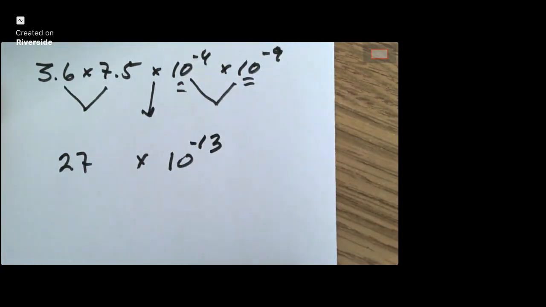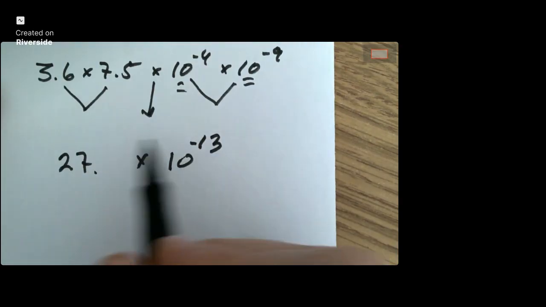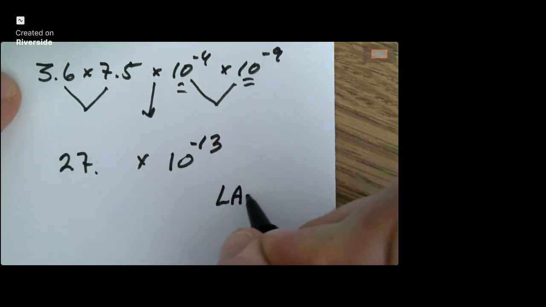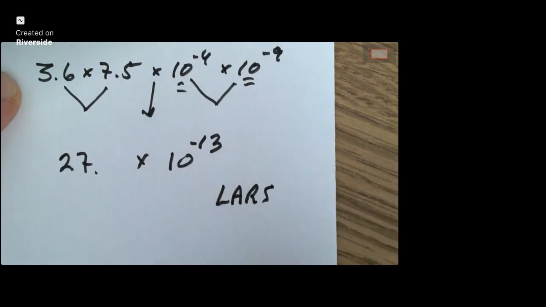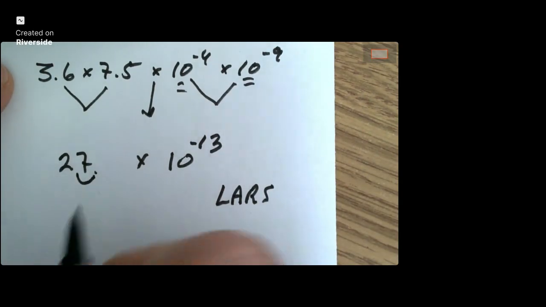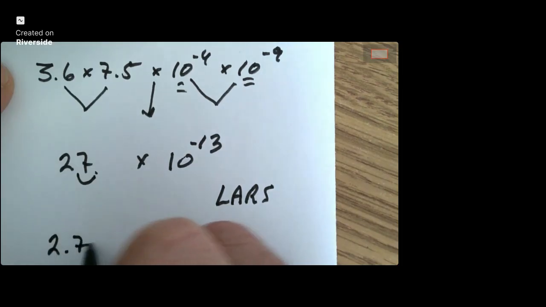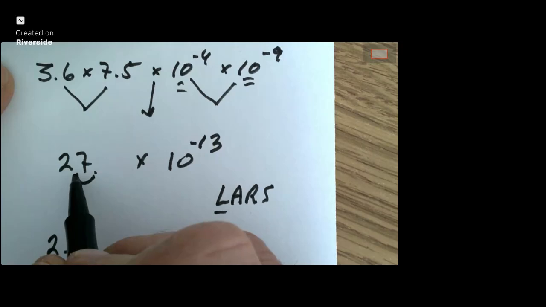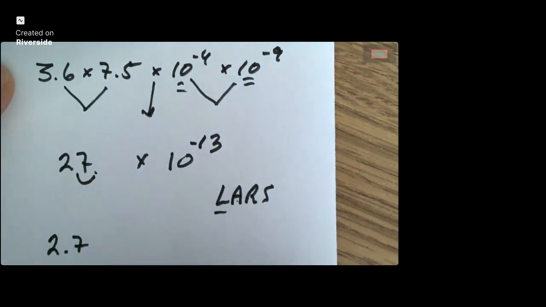And that's a good answer. It's not in true scientific notation form, so we need to utilize our left add, right subtract rule. There's our decimal point, the number 27. We need it to go here to get us a number less than 10 and greater than 1. So we moved it left once, so we got to add once to our exponent.